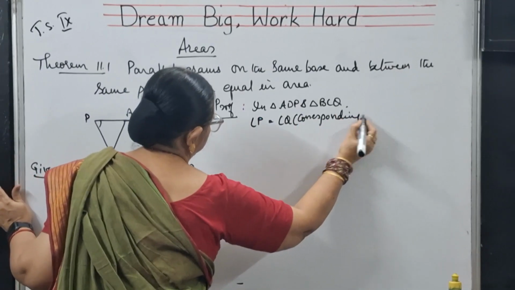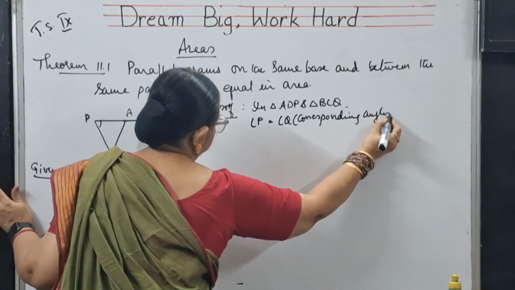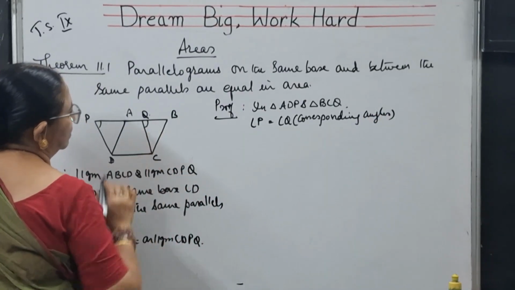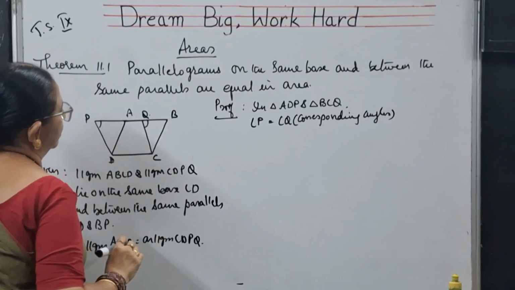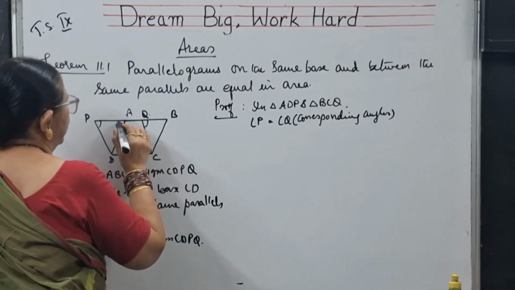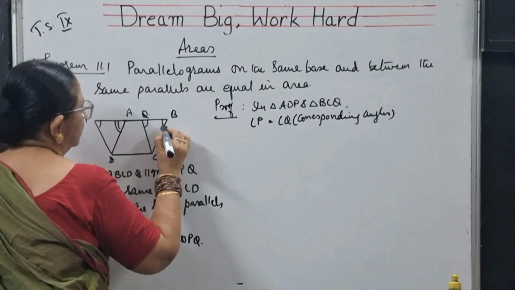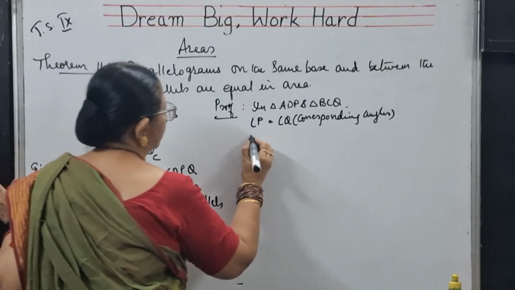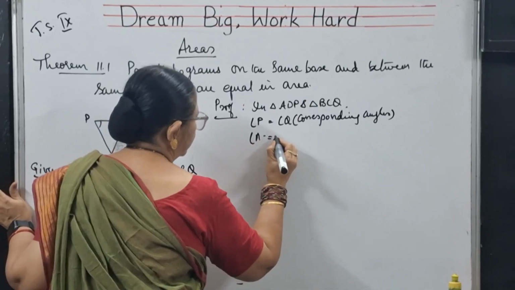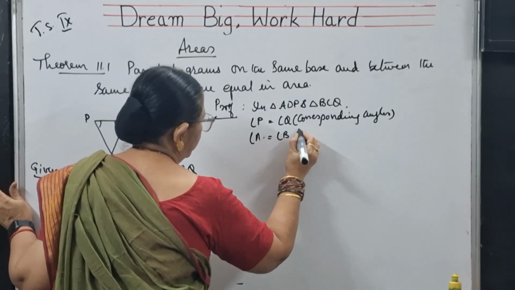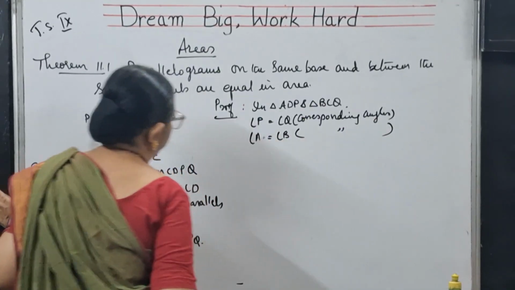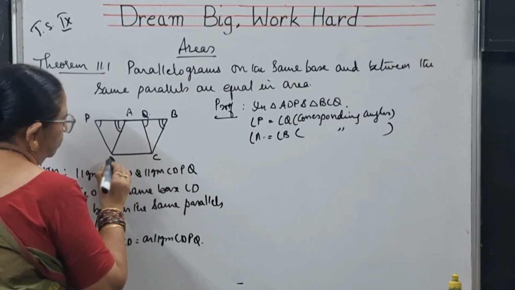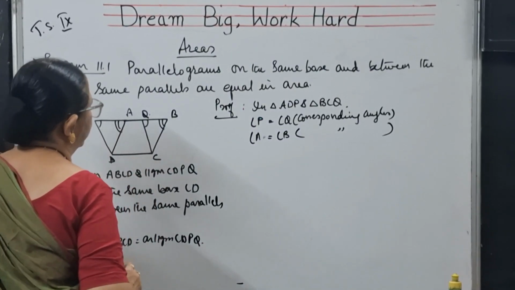Why? Because these two are parallel lines. Similarly, angle A is equal to angle B. They are also corresponding angles because these two are parallel lines.